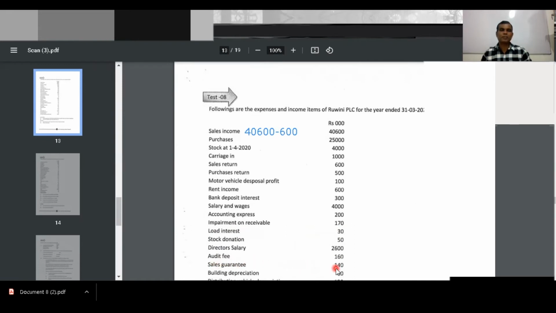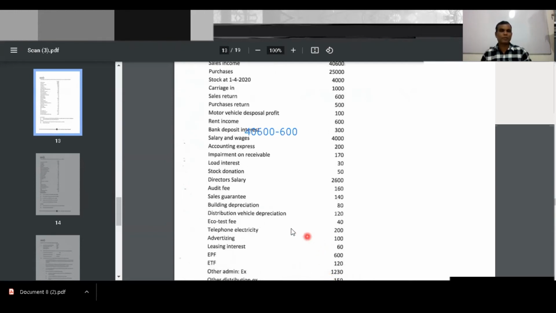Sales guarantee, 140, distribution expense. Building depreciation, administrative expense. Distribution vehicle depreciation, distribution expense.